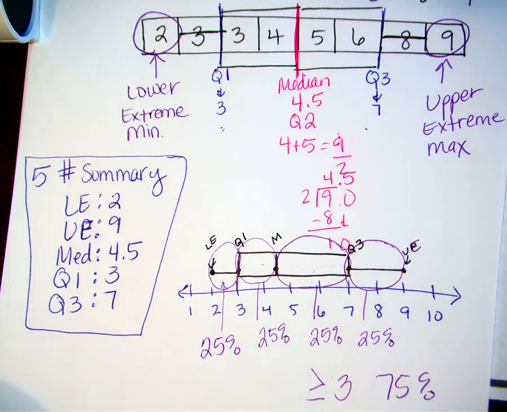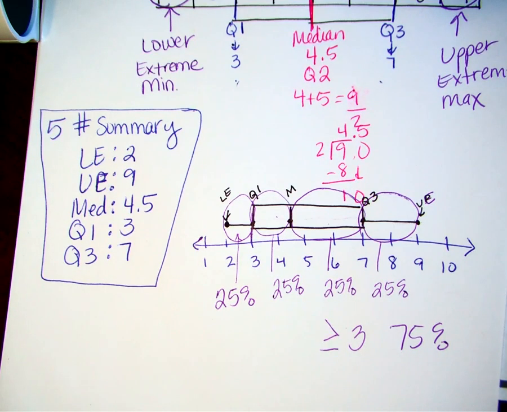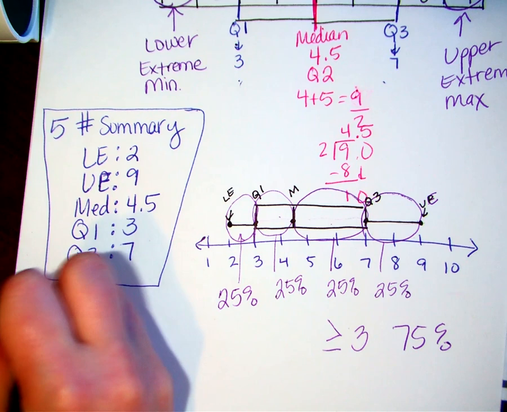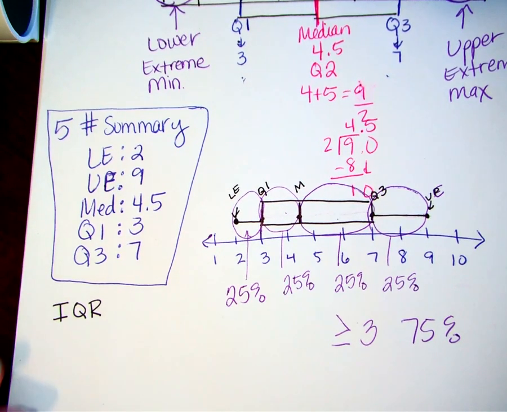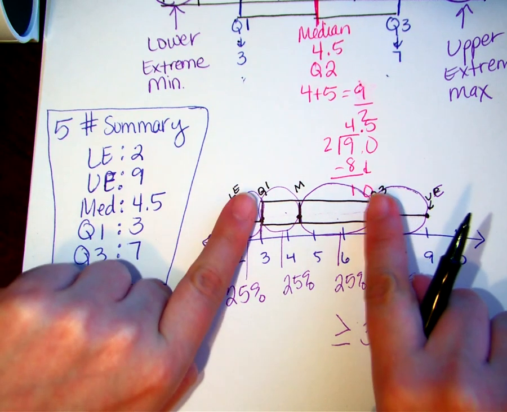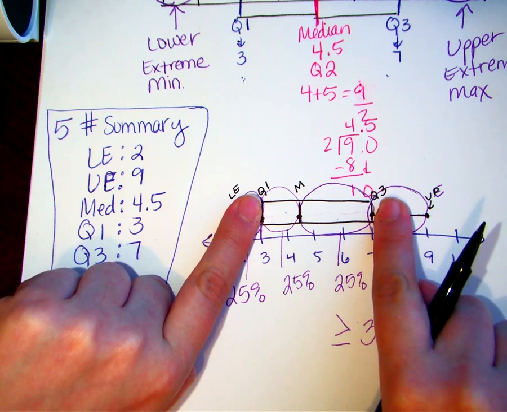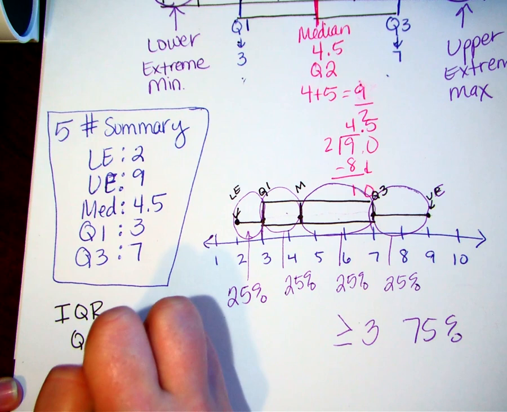Okay, now the last part is finding the IQR. So the IQR of this graph, it sounds harder than it is. So the IQR is the interquartile range. It's pretty much like the range of the box itself. So you're going to find the range of the two ends of the box. So you're going to take Q3 and subtract Q1 from it.